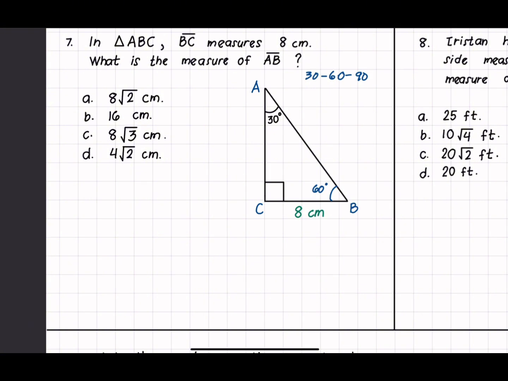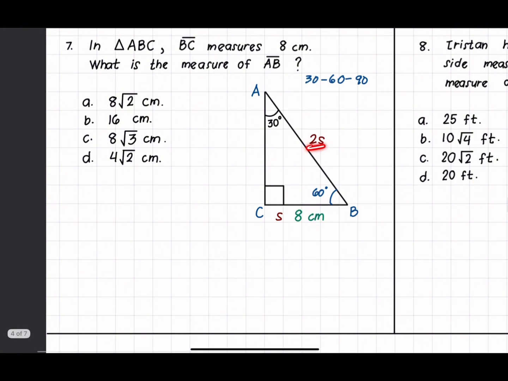And again, quick review: in a 30, 60, 90 triangle, since this is the short leg, this is considered as our S, and the hypotenuse is twice the short leg, or 2S.